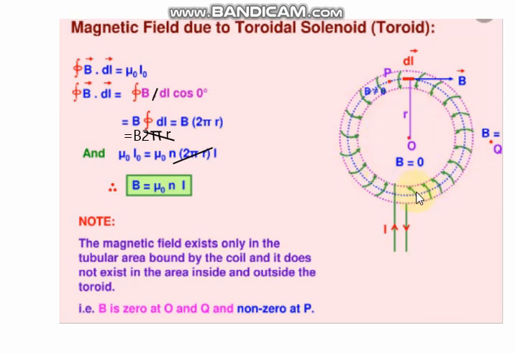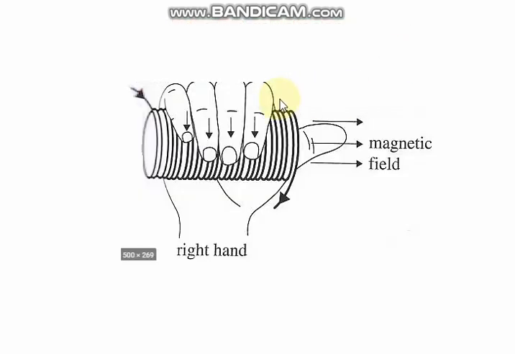There will be no field lines outside this tubular region, just as the magnetic field existed only inside the solenoid. The toroid is also a solenoid, but twisted in the form of a circle, so the field lines also twist in the form of circles but remain inside this tubular region.